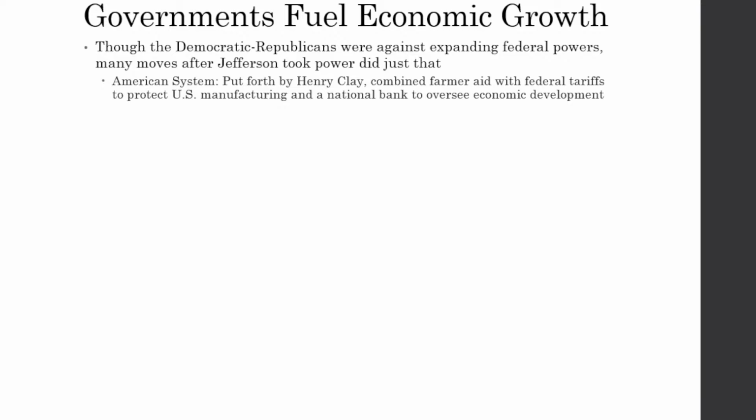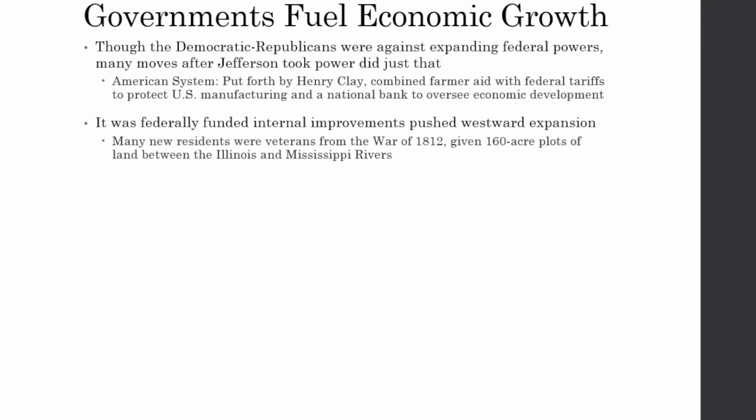But now this is combining aid to farmers, tariffs to aid manufacturing, and a national bank to keep the economy steady, all in one system. And then, of course, the federally funded internal improvements, which is to say canals and roads and stuff, that help to push the expansion westward.